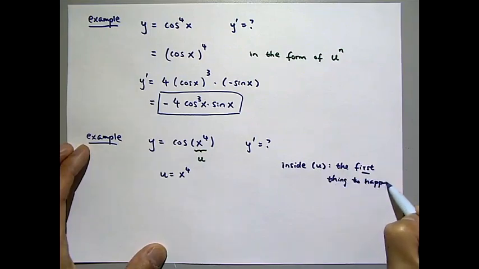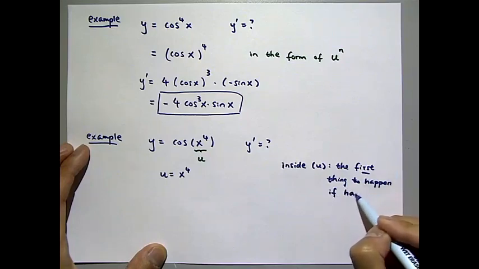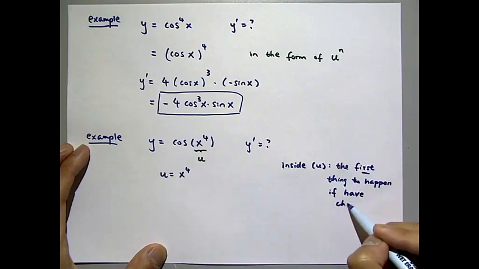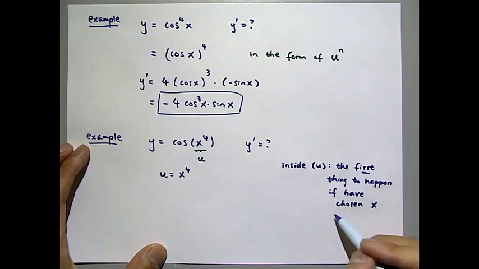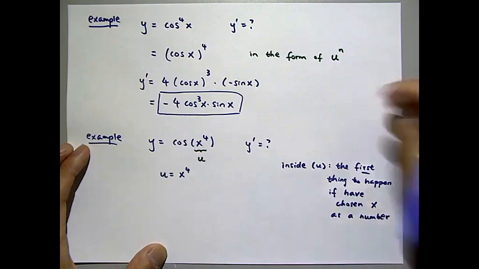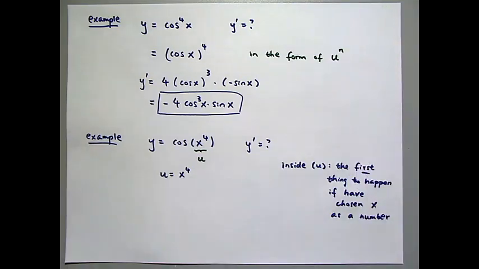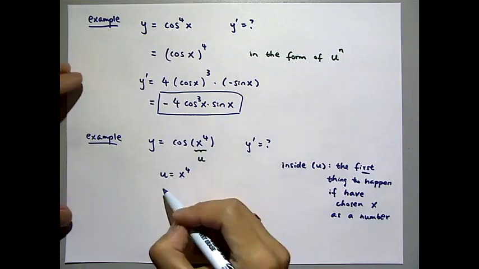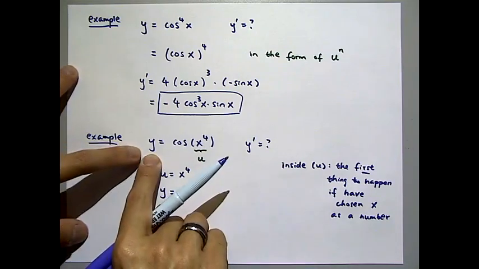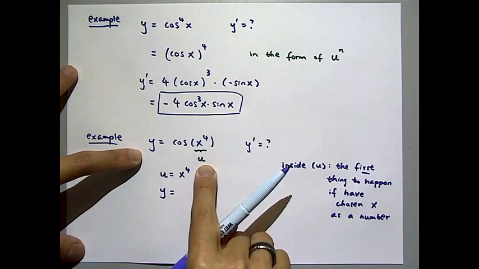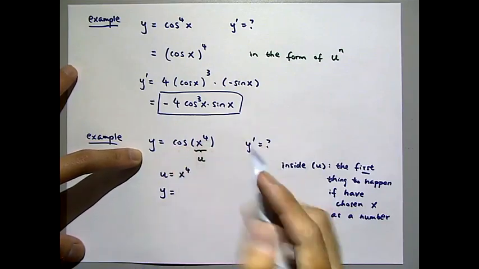The first thing that you would do if x is a number is your inside function. And then the outside function y is usually very easy to figure out. What is y doing? y is going to take the cosine of whatever you just did. So that would be cosine of u.